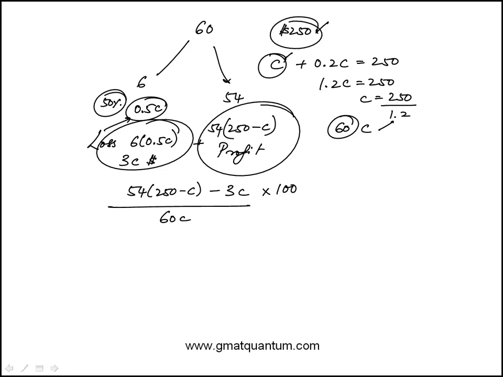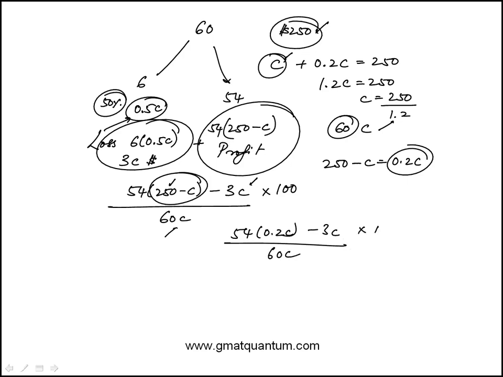So what I'm actually going to do is replace 250 minus C. If you notice that, 250 minus C is 0.2 C. This is the markup. So actually, I just write it as 0.2 C. The reason I'm doing that is I have a C here and a C here. So I know that they all will cancel. So I can factor out a C, and that would just drop out. Or you can just do it this way.